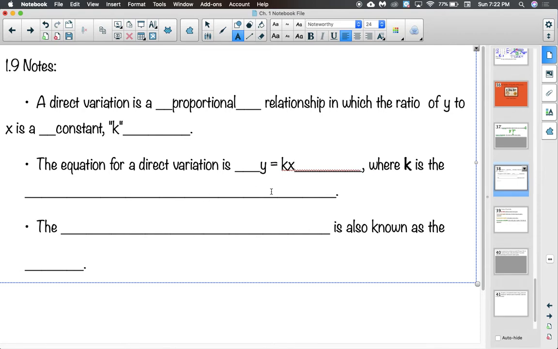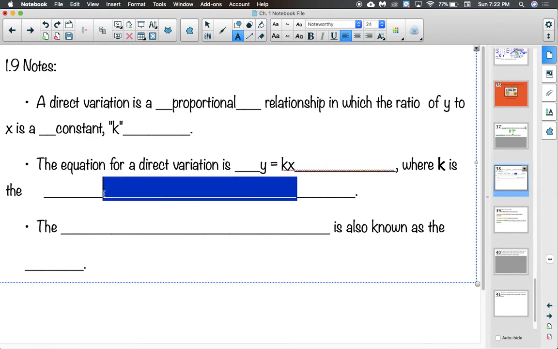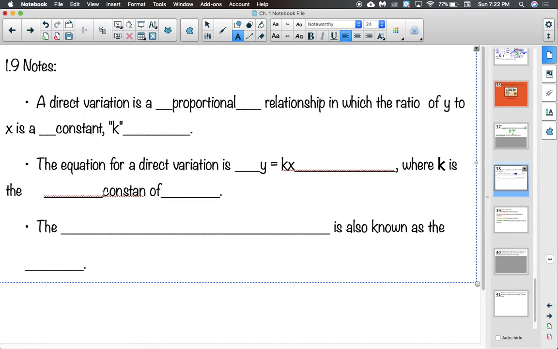Okay, we already talked about that. K is, remember that other term we just talked about? K is what we call the constant of proportionality. That's it. K is the constant of proportionality.